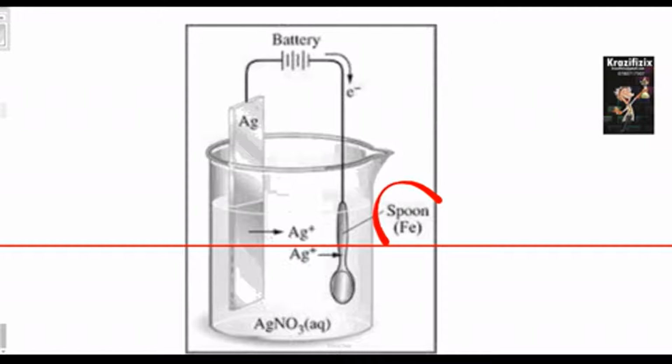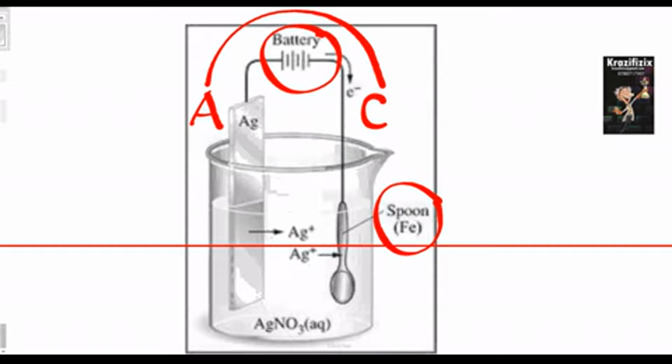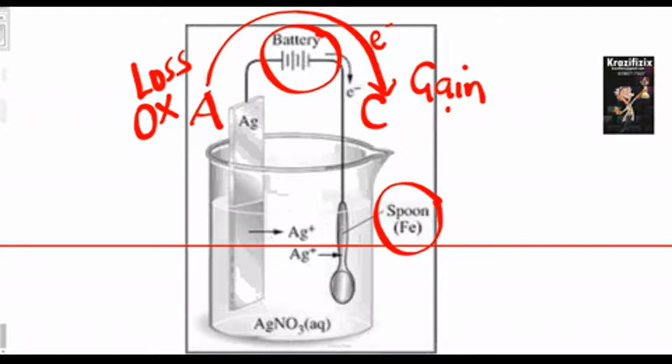It's an iron spoon, and we want to electroplate it with silver. Now check the terminals here. This is the negative electrode, so this is the cathode. And this is my anode. Remember, electrons are still moving from the anode right through to the cathode, because the cathode is where reduction takes place. It's gained, and there is a loss of electrons here representing oxidation.